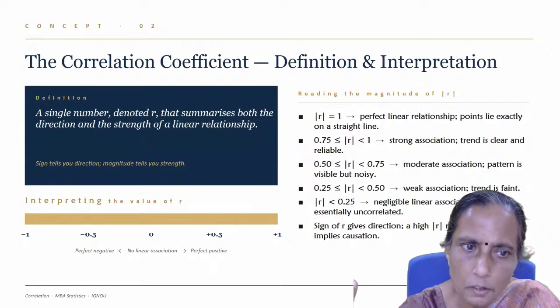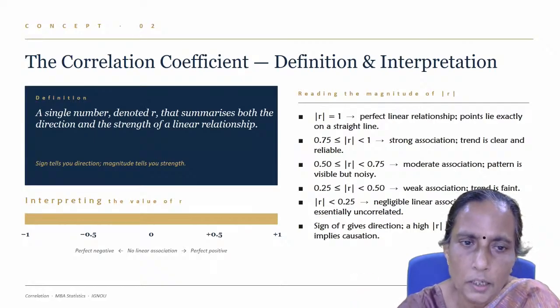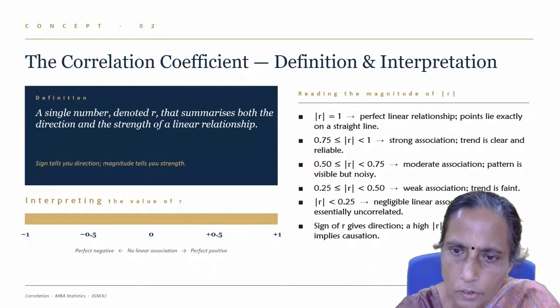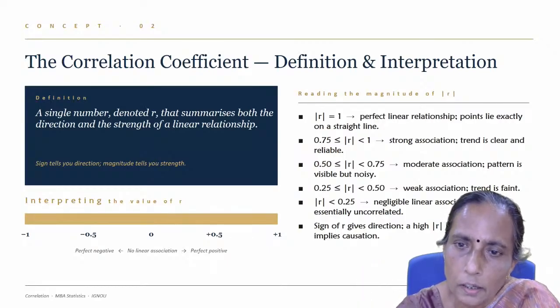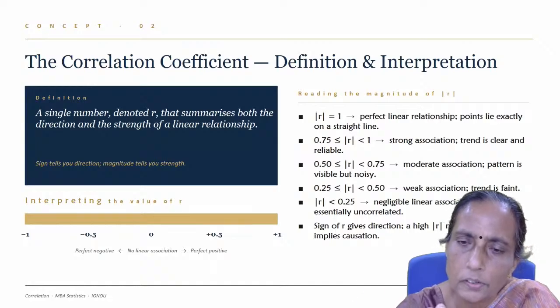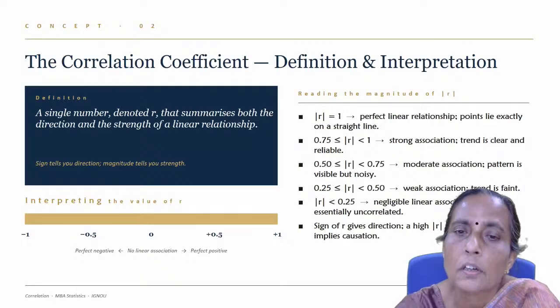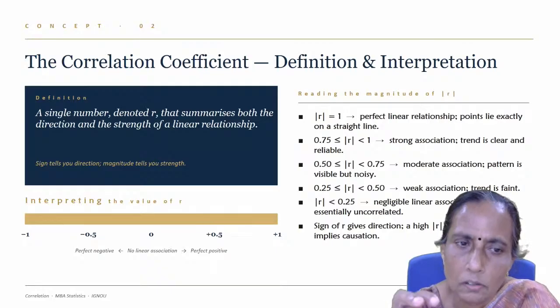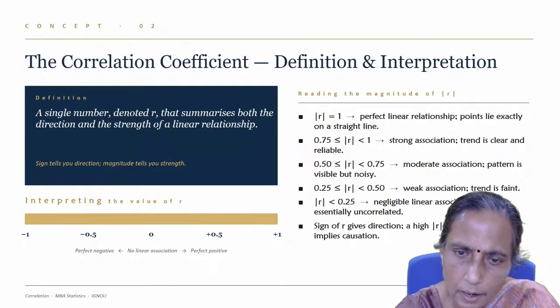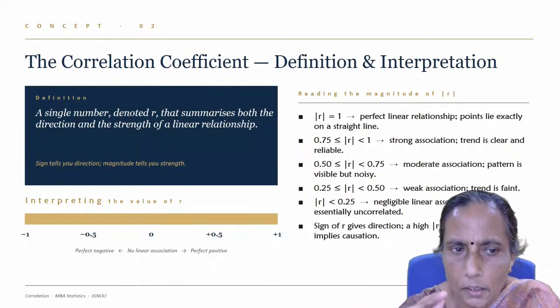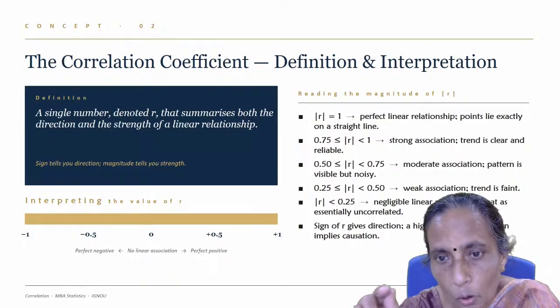Your coefficient of correlation speaks about the direction and the strength of the linear relationship between the two variables, and it is denoted as small r.